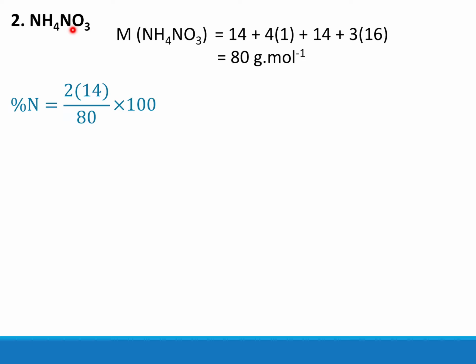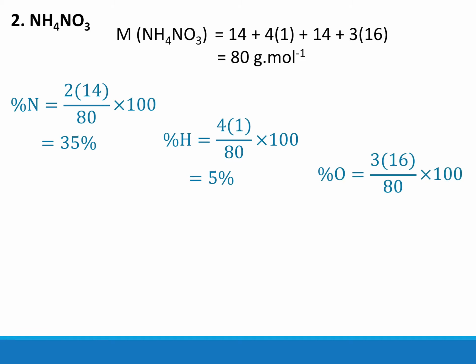This is very, very important. So it's 35%. Now we do the same for the hydrogen, 4 times 1, and it's 5%. If we go to the oxygen, 3 times 16, which is 48, we get 60%. And if we add these 3 together, we will get 100.